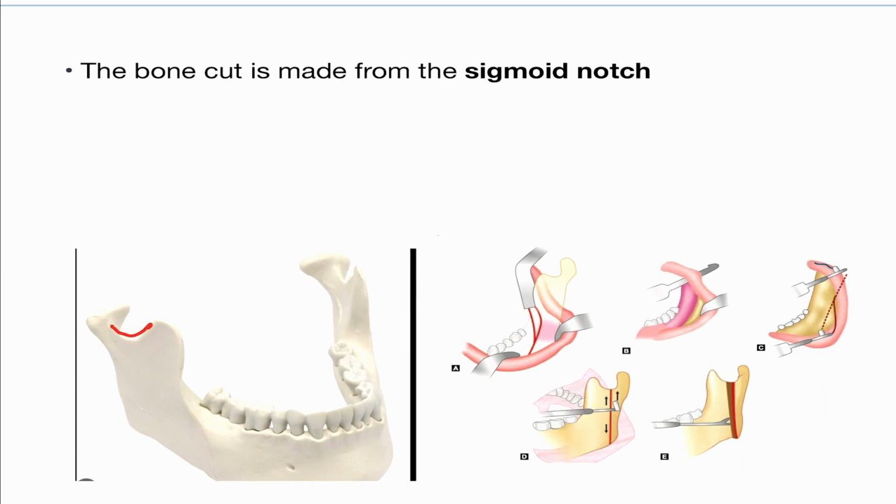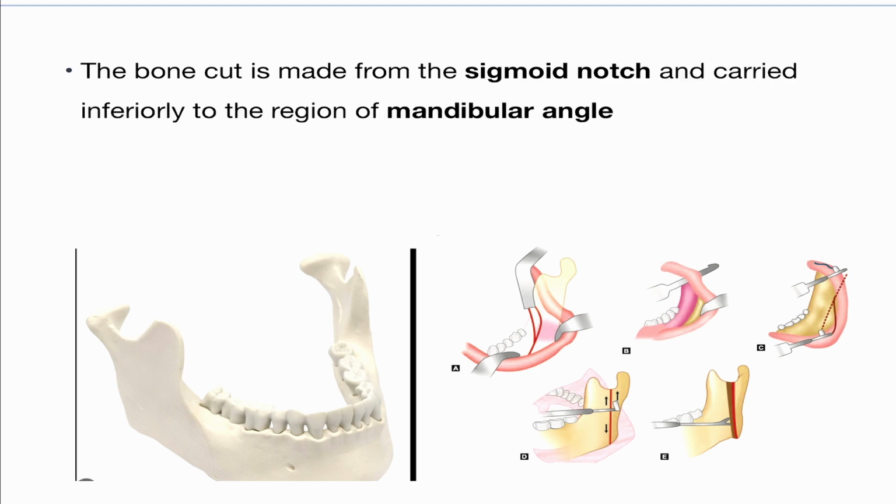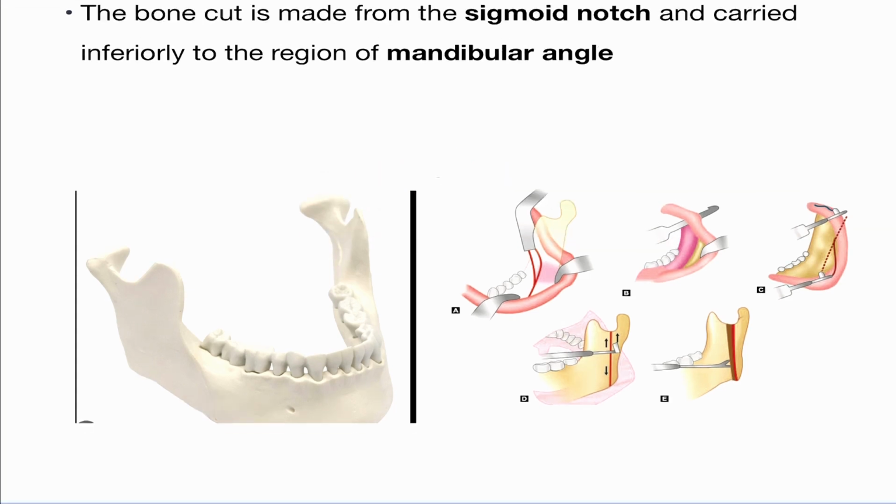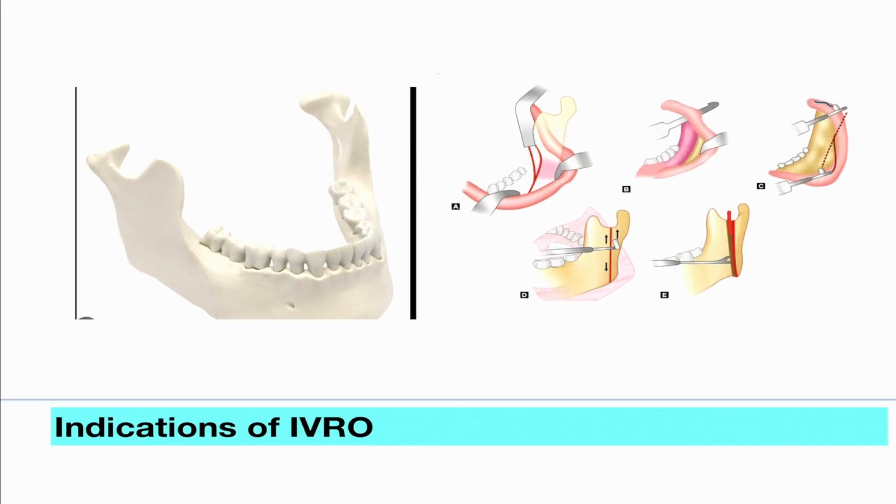You cut it vertically from the sigmoid notch down to the angle, and carry it inferiorly to the region of the mandibular angle. Now you can advance this portion. It has its own advantage, we'll come to that. So this is the cut being made here, and you can advance this particular segment anteriorly.